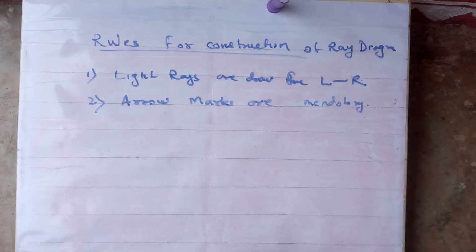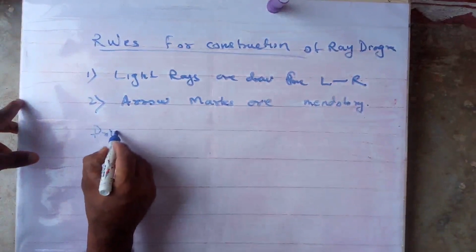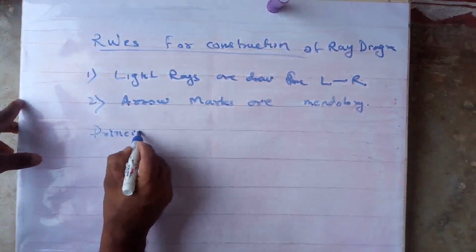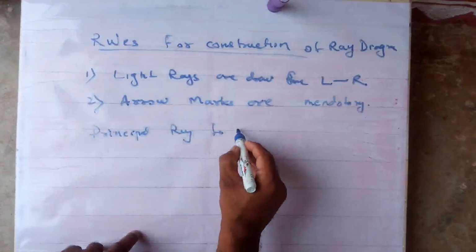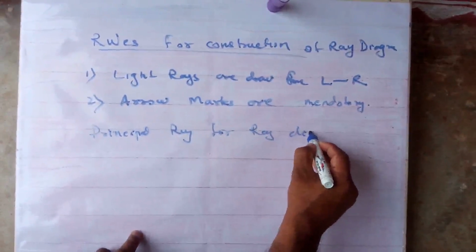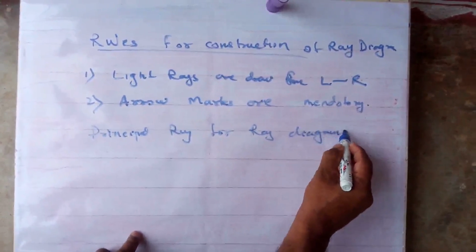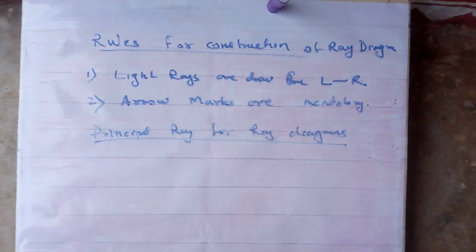For lenses, what are the rays? Principal rays we call them. There are three principal rays generally we have to take.